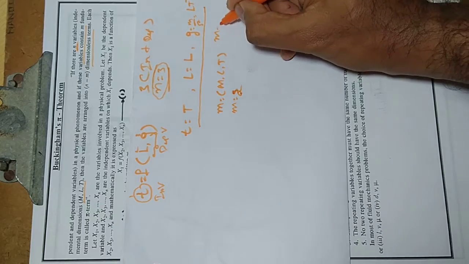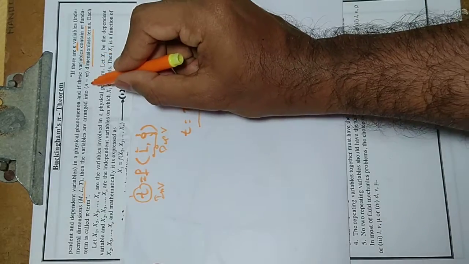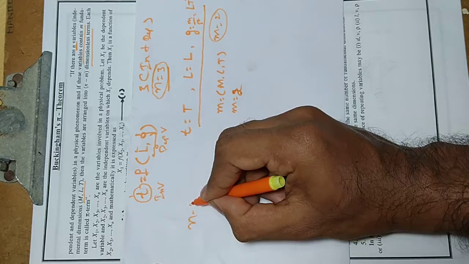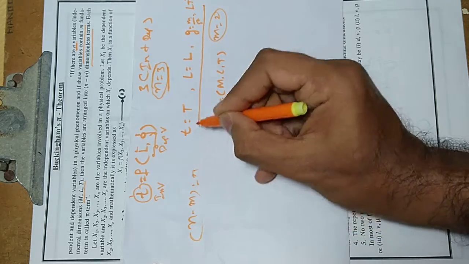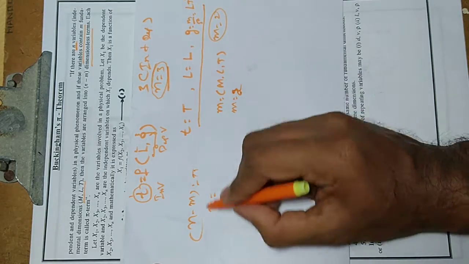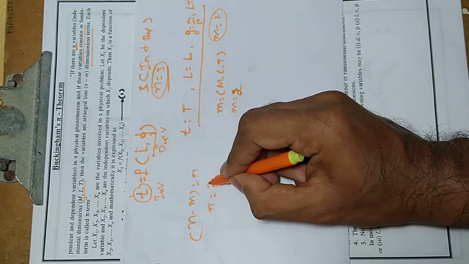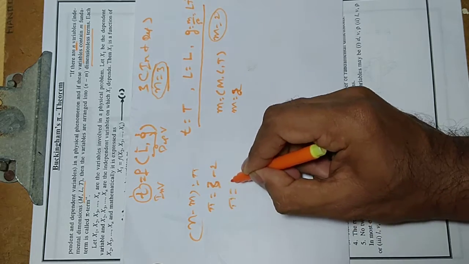Now n minus m is called the pi term. The pi term becomes n minus m, which is 3 minus 2, so pi becomes 1.